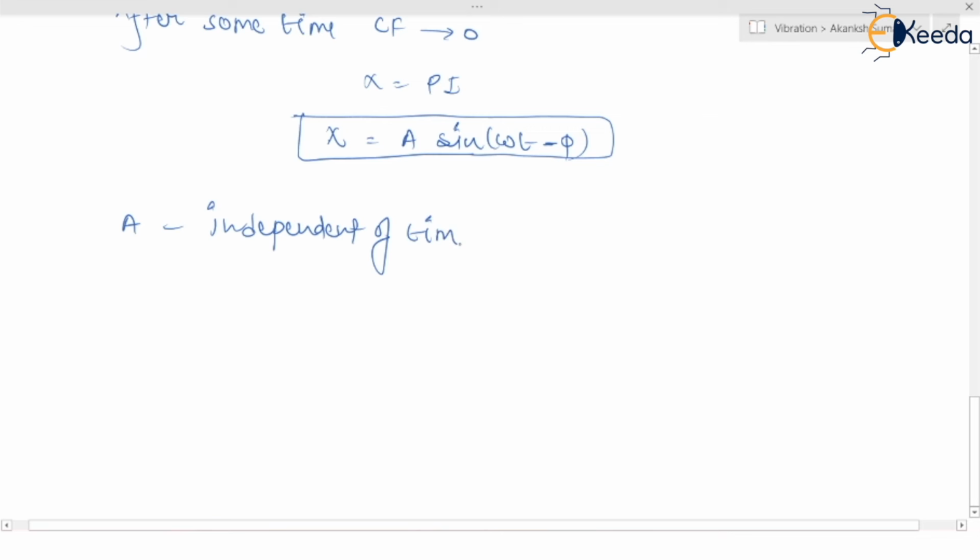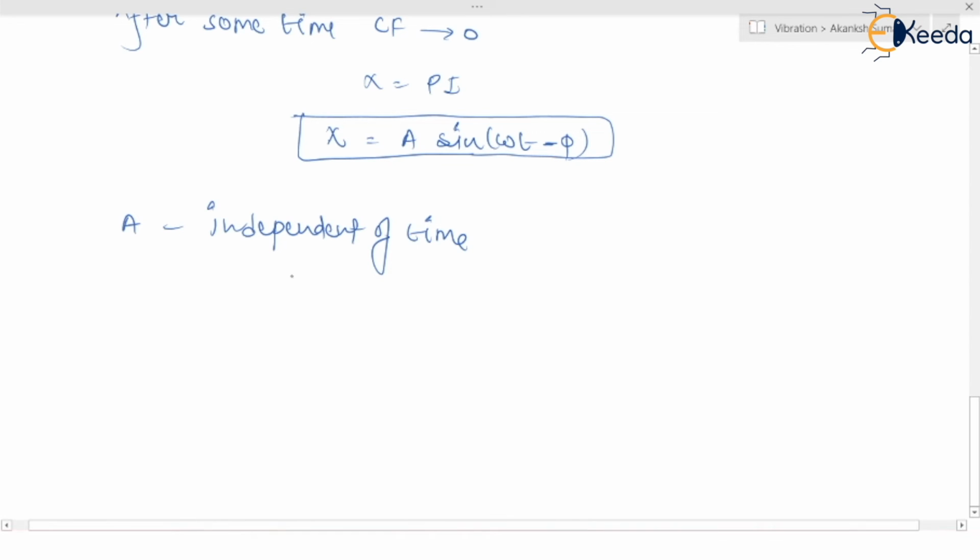It is not a function of time, so we can say it is independent of time. That means with time it cannot be eliminated, unlike the complementary function, which decreases and becomes zero after a very short time because it is a function of time. That's why the complementary function becomes zero after a short time, but the particular integral can never be eliminated because it doesn't depend on time.